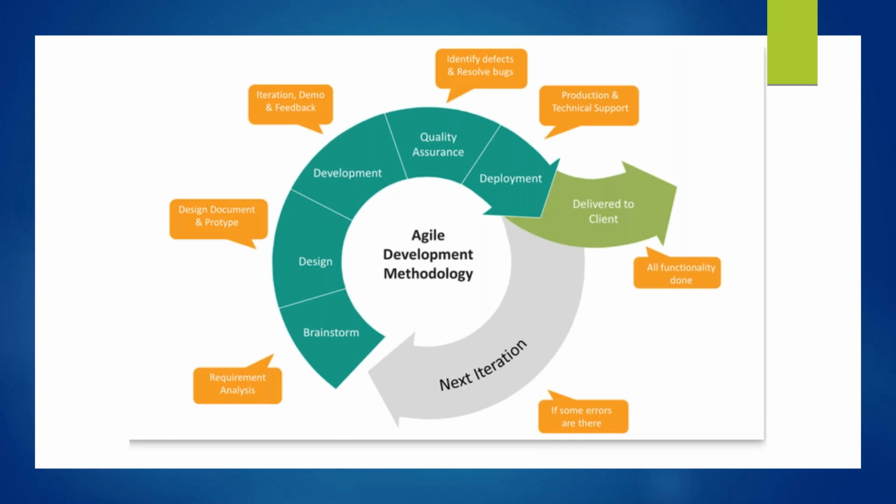Okay, so when client satisfaction is more, we get more business, right? Client is happy, and then only we will be getting it. We means who? The company for whom we are working. For example, you are an employee of XYZ company, and XYZ company is developing the product for Amazon, for example.